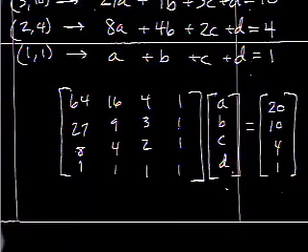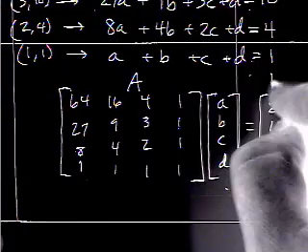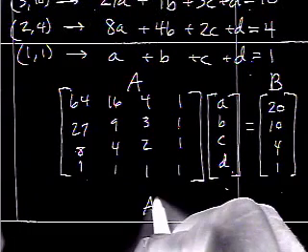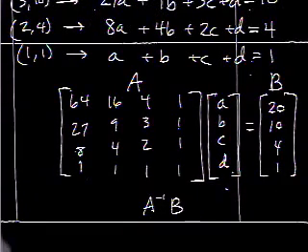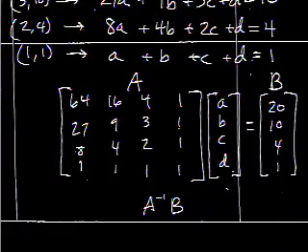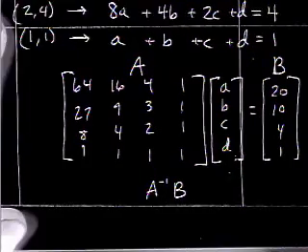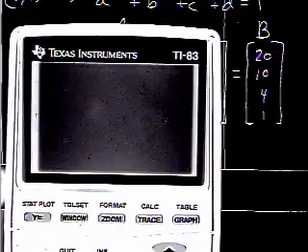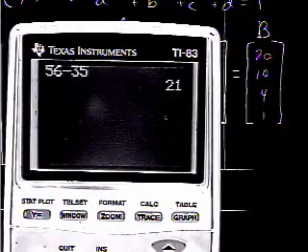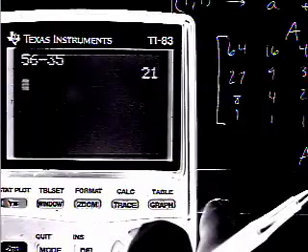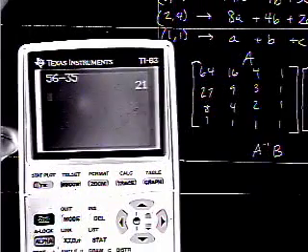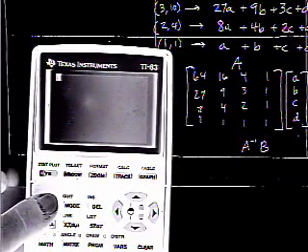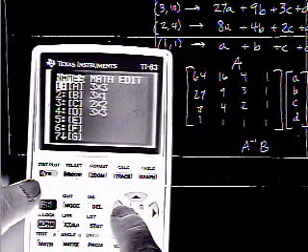Exactly the way we did it before. We'll call this matrix A. We'll call this matrix B. What am I interested in? I'm interested in A inverse B. We talked about left multiplying. So I'm going to whip out the handy-dandy calculator here and go to the matrix section.